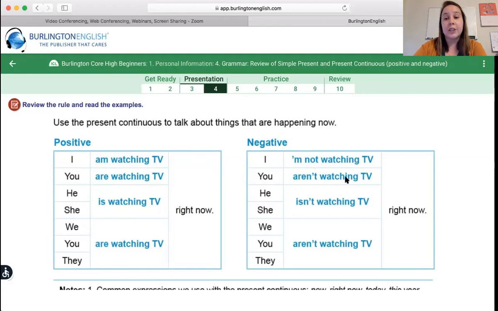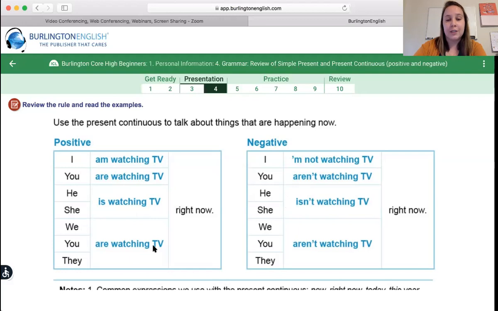You aren't watching TV. He is watching TV. He isn't watching TV. She is watching TV right now. She isn't watching TV right now.